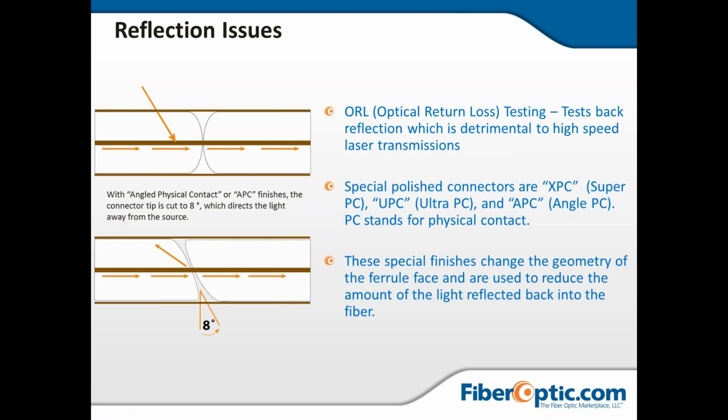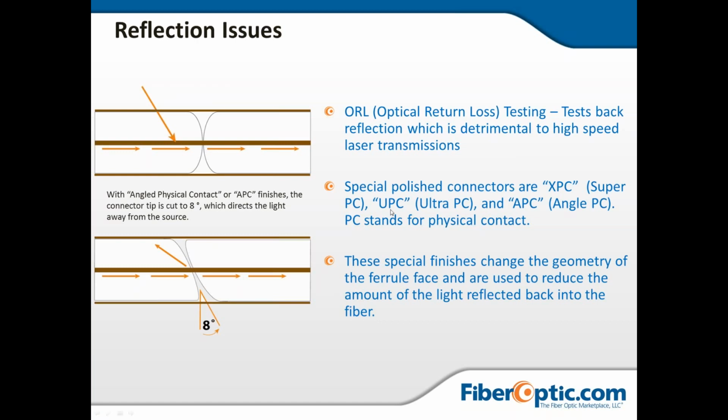So the ORL, the optical return loss testing, tests back reflection, which is detrimental to high-speed laser communication. Special polished connectors are XPC, Super PC, UPC, Ultra PC, APC, Angled PC.